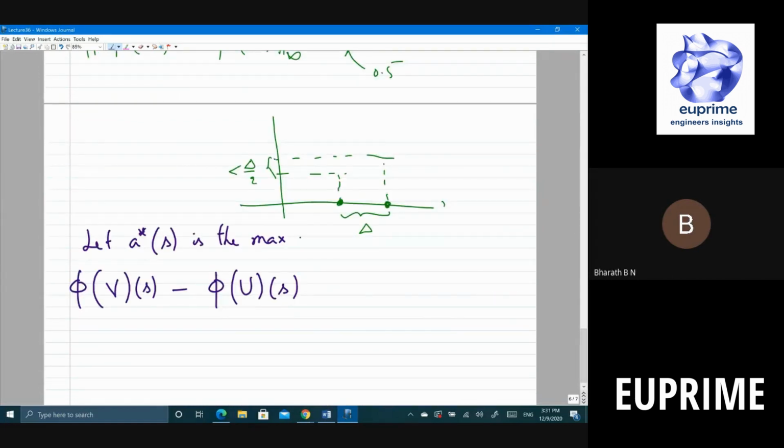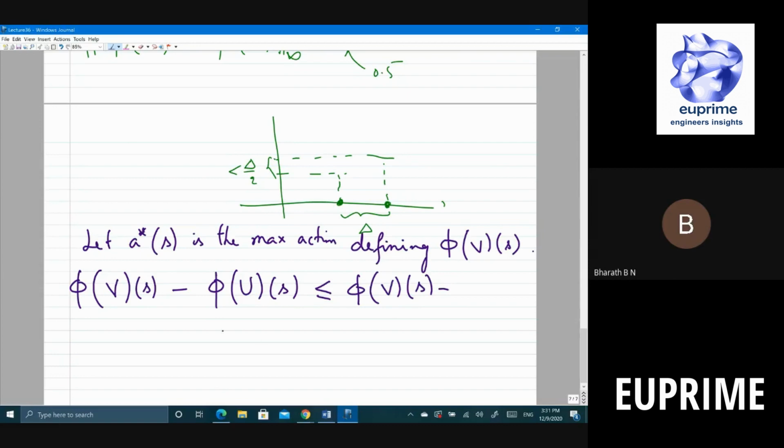Here a star of s is the max action defining phi of v of s. If this is the case, I can say less than or equal to: I keep phi of v of s as is, minus, I'm just removing the max here. If you remove the max from a negative quantity, that quantity decreases, so the difference increases.